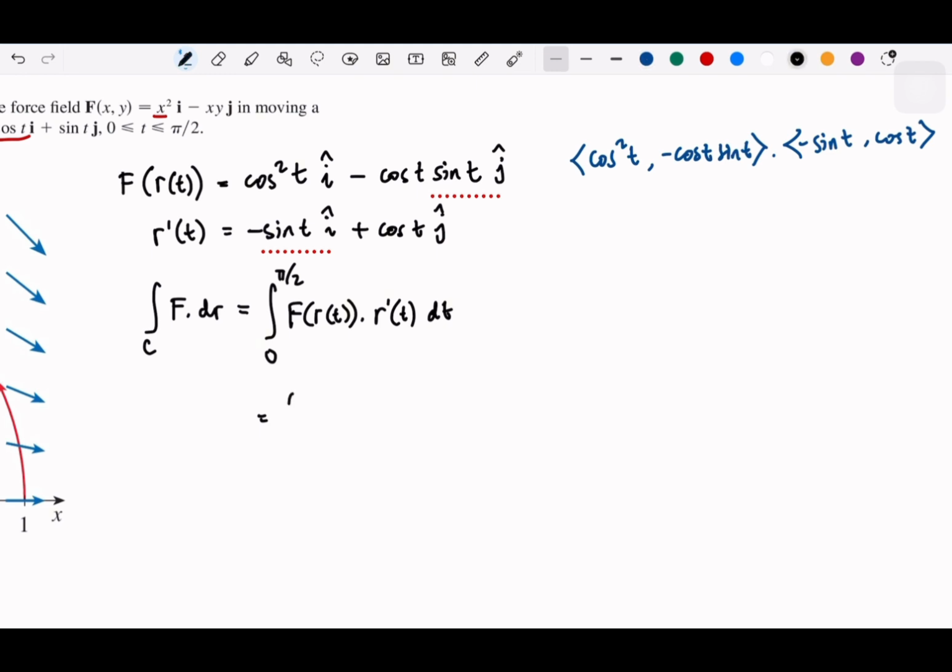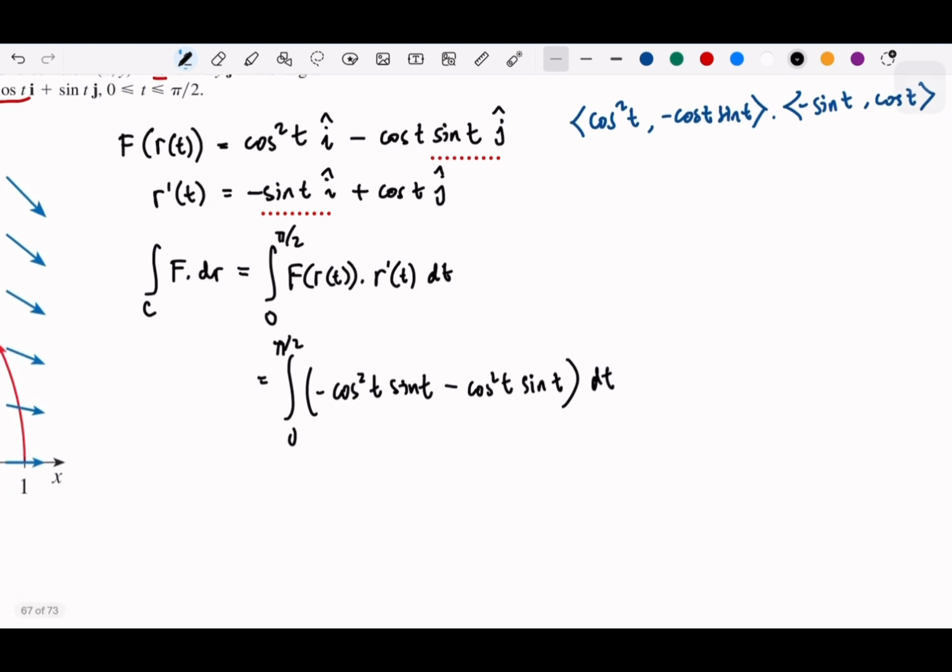Let me write here, this is from 0 to pi over 2, sine t, and then minus cosine t. Cosine t times cosine squared t will be cosine squared t sine t. So minus cosine squared t sine t, right? And then it becomes a scalar, right? We take the dot product scalar, we add these two, then we have negative 2 cosine squared t sine t.